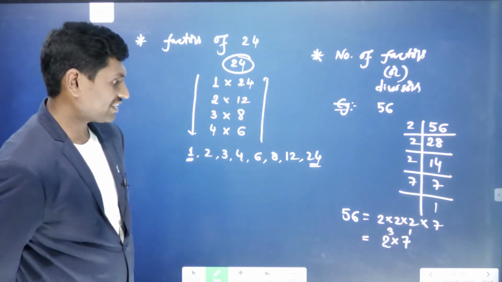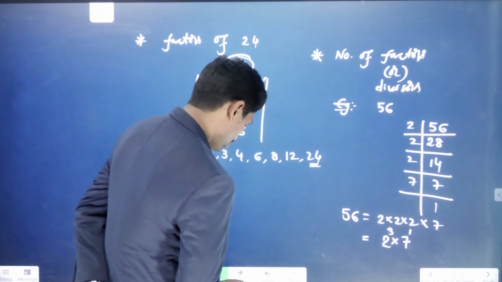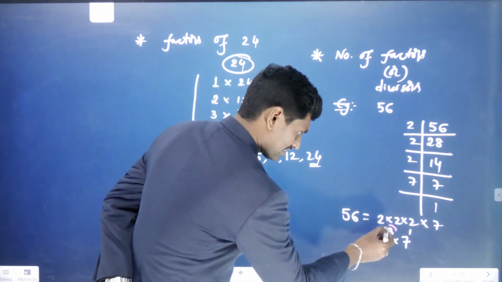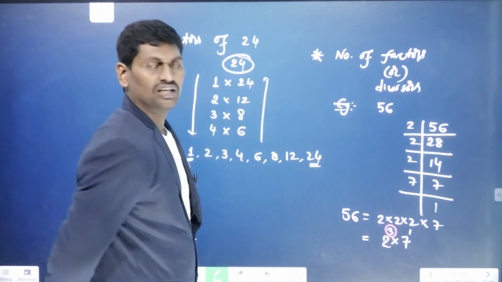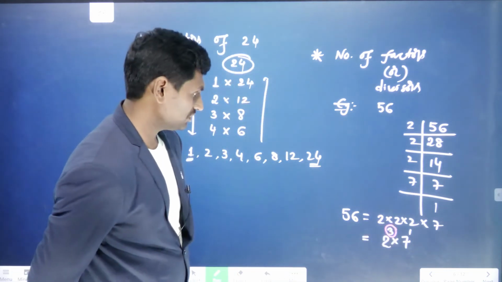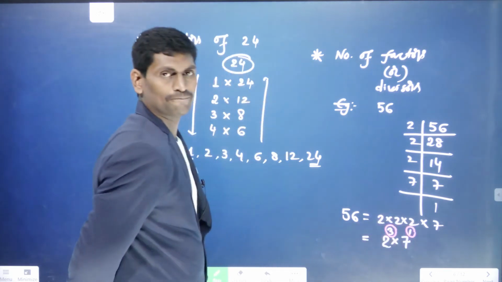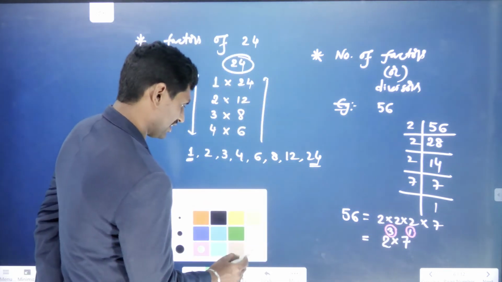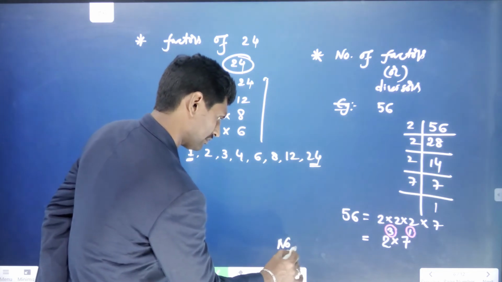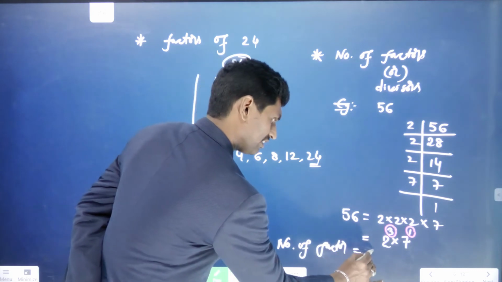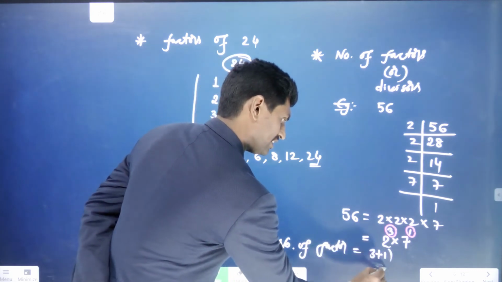Therefore, for the number of factors, you should take only the exponents. What is the exponent of 2? It is 3. Exponent of 7 is 1. Therefore, the number of factors is (3 plus 1) into (1 plus 1).